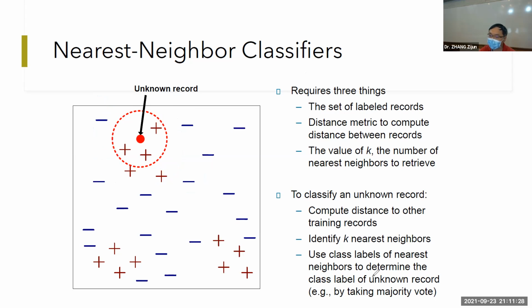And use the class labels of the nearest neighbors to determine the class label of the unknown record. Basically, the majority vote. So if we set k equal to 3, then 3 of its neighbors are all positive. Then we say this data point is assigned the tag positive.